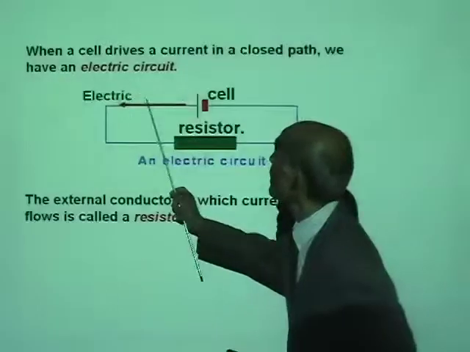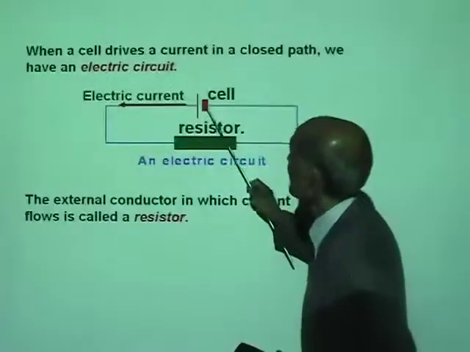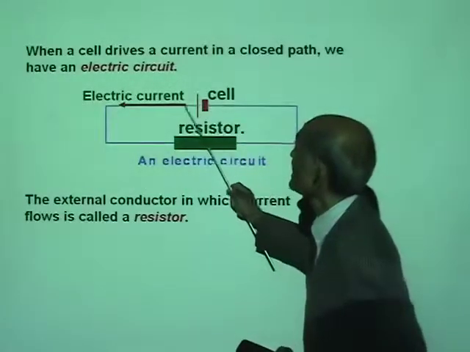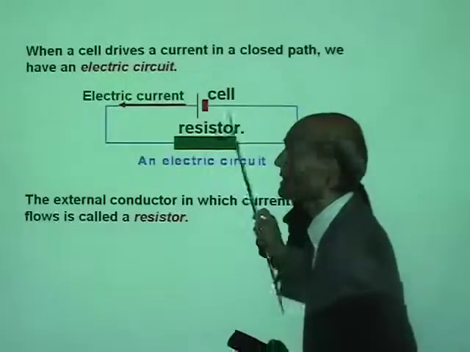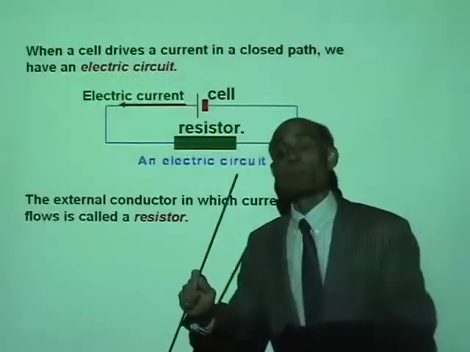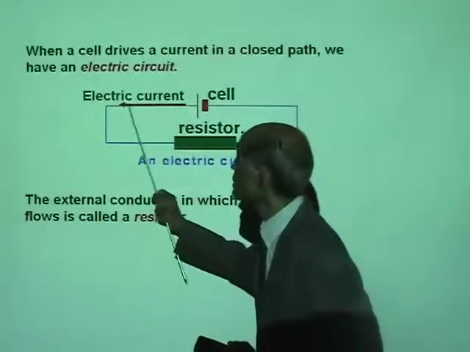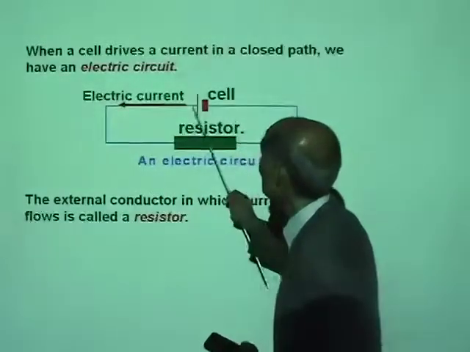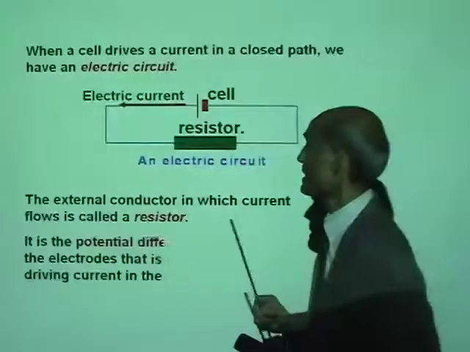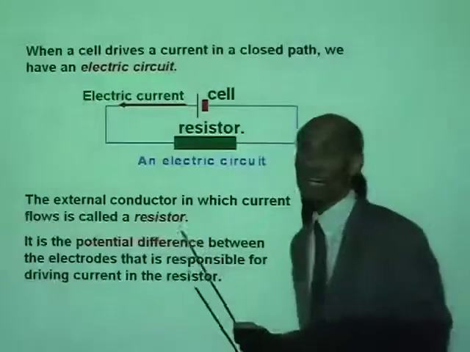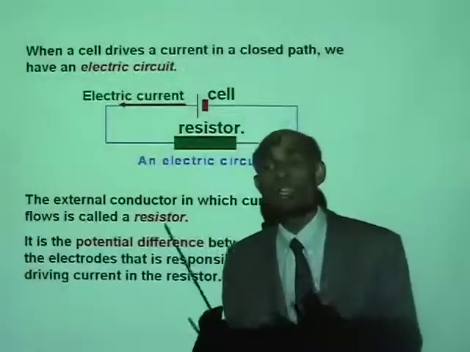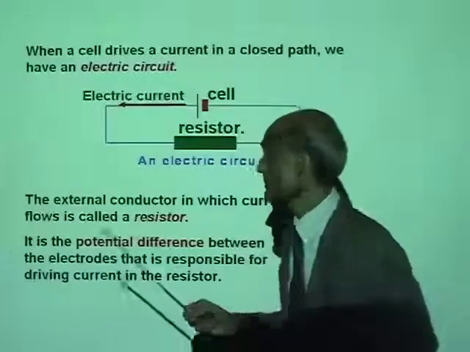The current flows in the resistor. Now, a cell is connected to a resistor. Remember, by definition, the current is from positive to negative. So this is the direction of the electric current. Now, what is it that makes the current possible?